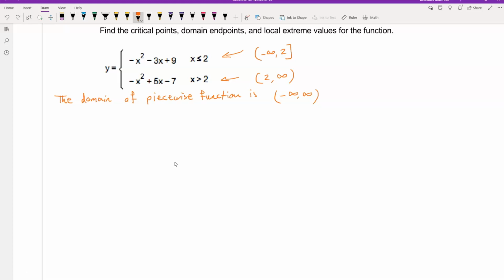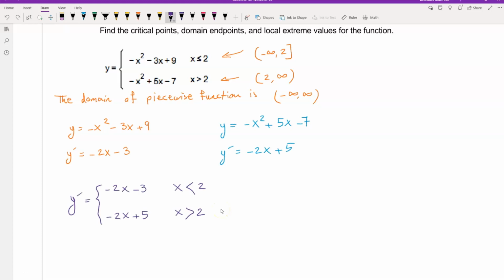Here we have y equal to negative x squared minus 3x plus 9. Finding y prime for this piece, that is negative 2x minus 3. And for the second part, we have negative x squared plus 5x minus 7, and y prime is negative 2x plus 5.